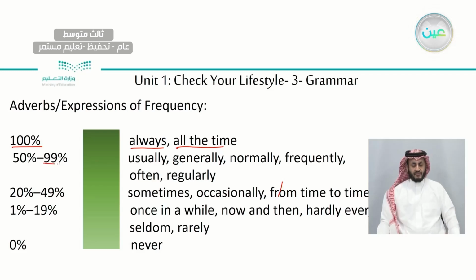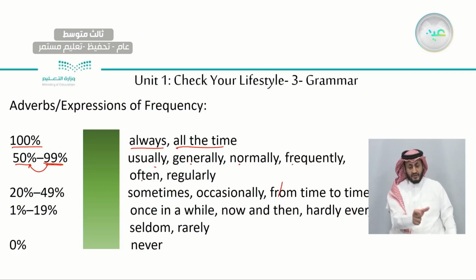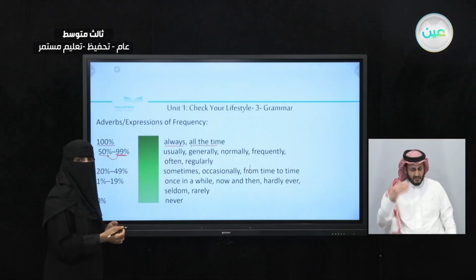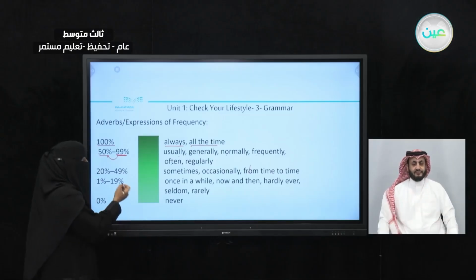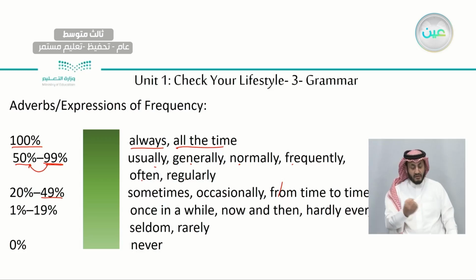But if it's 99% of your time to 50%, that means it's less than 100, we have usually, generally, normally, frequently, often, regularly. And if there is something you do, but you do it 49% of your time, or you do it 20% of the time, which one do you use?